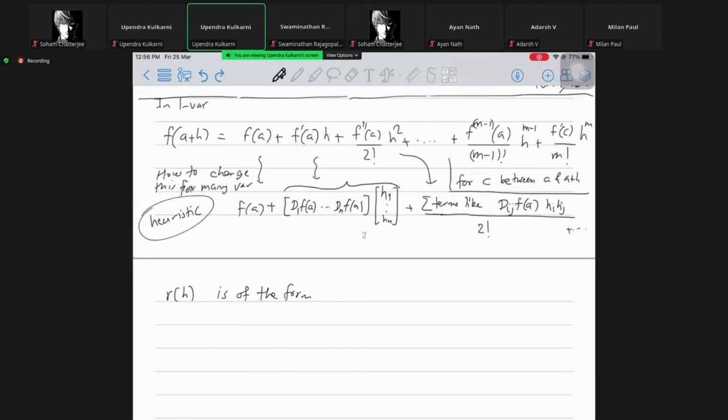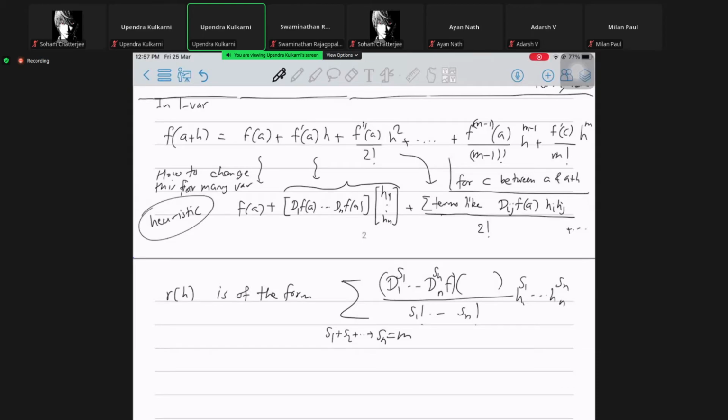Where this is of the type summation S1 plus S2 plus up to Sn equals M of the exact same thing, D1 to the S1 up to Dn to the Sn of F, but applied to something else and divided by S1 factorial times up to Sn factorial times H1 to the S1 up to Hn to the Sn. All that stays the same.